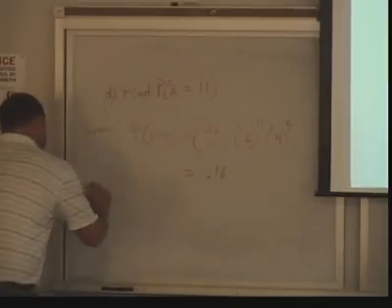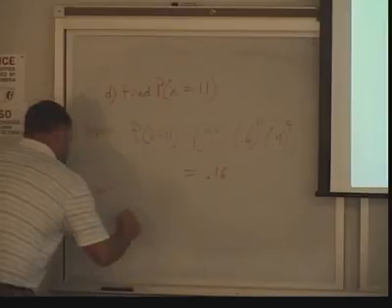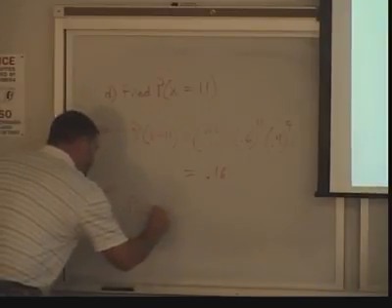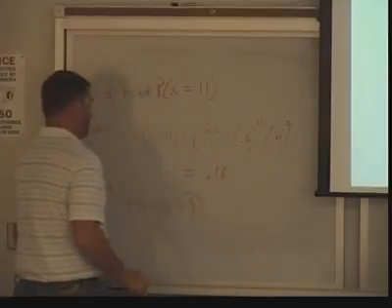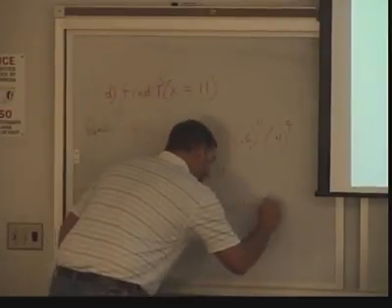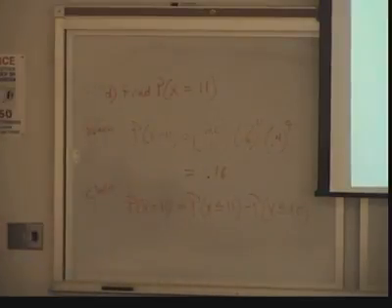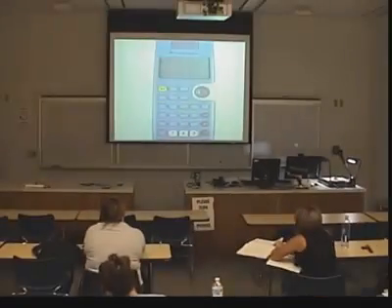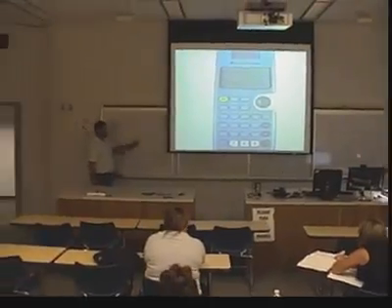So now let's do it from the chart. So the probability that x equals 11 is going to be equal to the probability that x is less than or equal to 11 minus the probability that x is less than or equal to 10. Everybody see why that works? It's because the chart tells us at or less than, right?